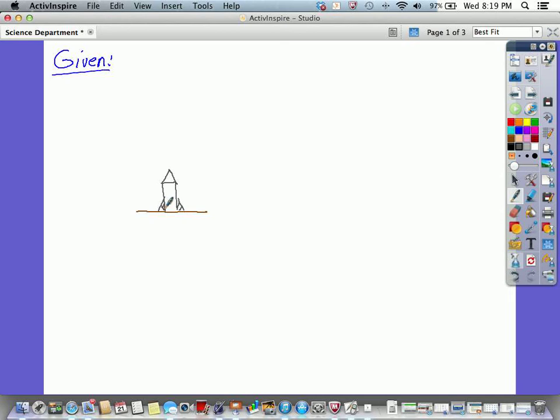And we're going to say that rocket starts at 0. And they tell us it travels up here for 30 seconds. Time equals 30 seconds, and its acceleration during that is 30 meters per second squared.